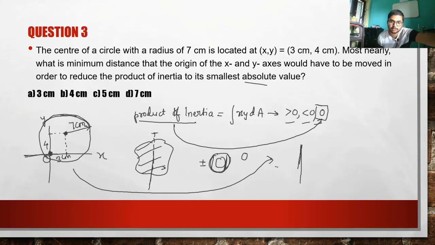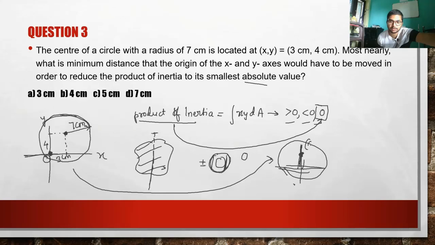When the origin is moved 3 cm along the x-axis, the circle will be something like this. Earlier the center was here. Now, since the origin is shifted here, the total y-axis shifts 3 units to the right. That means instead of 3, 4, the new center will become 0, 4.